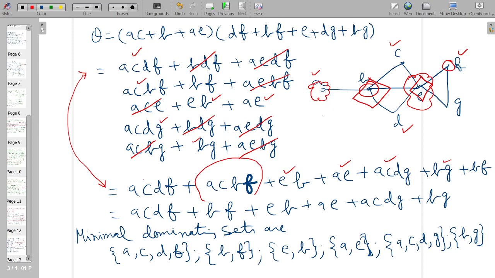The next one would be ACDG. Yeah, of course, when I remove any one of these vertices, it fails to be a dominating set. Good. Last one would be B and G. So these are all the possible minimal dominating sets for this particular graph.